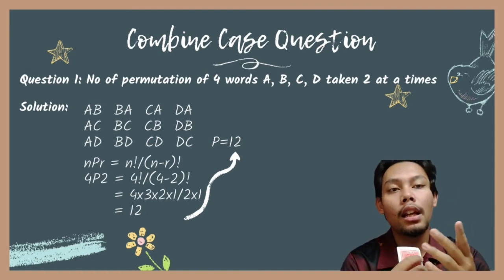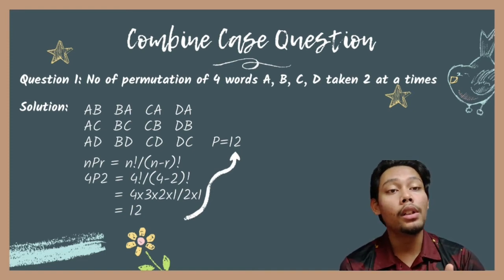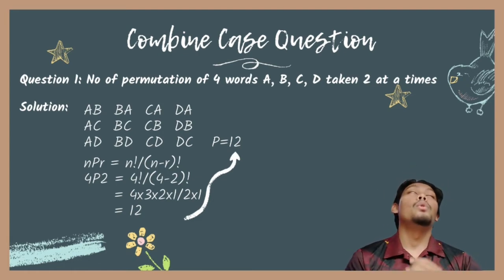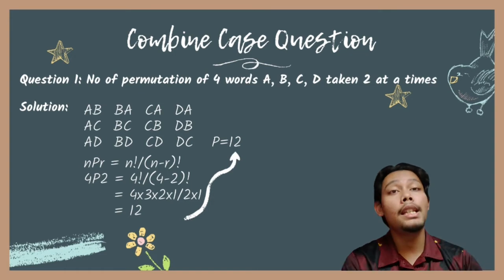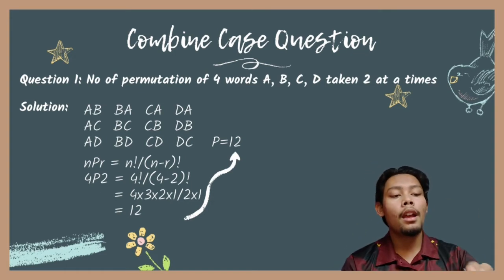So what is possible that the word Ali will take from my hand? It could be AB, BA, CB, or DC. So there are many permutations.